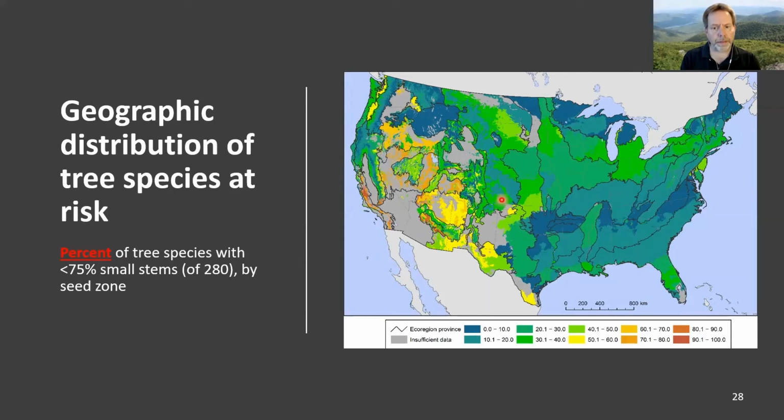And then if we look at just the percent of species within those seed zones that are not clearing that threshold, we get a different picture because there's greater species diversity in the East. Parts of the Southwest and California, nearly all of the species are having regeneration issues, which is problematic, of course.